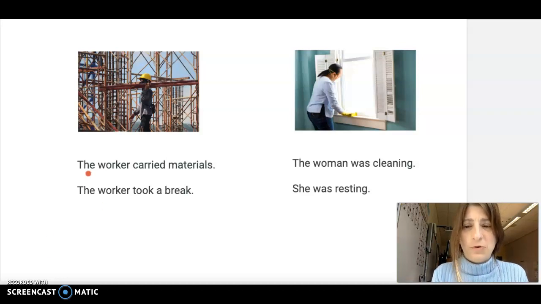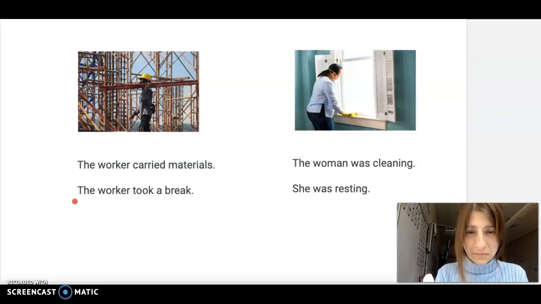So for example, the worker carried materials. You can see what the worker had already done. Or the worker took a break. Let's just start with those. So if I'm going to make this in the past, any ideas?